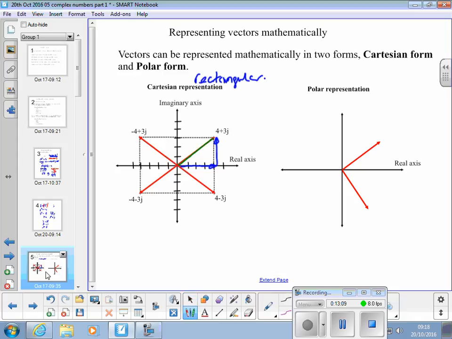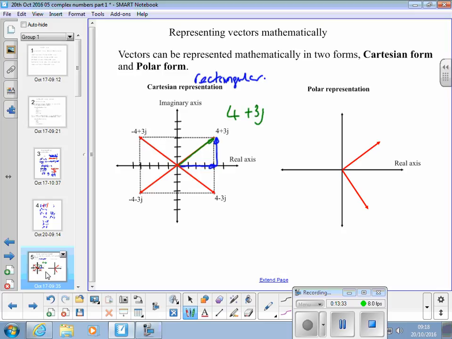And what it describes is, how many is it along? 4. And how many up or down, times j? So this is 4 across plus 3j, because there's 3 up.